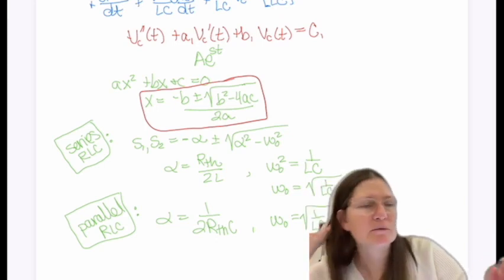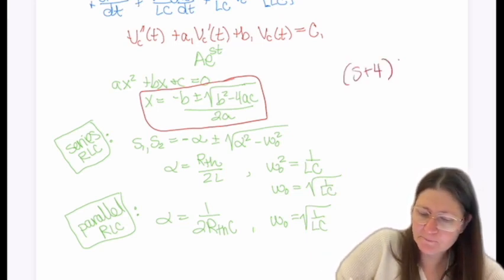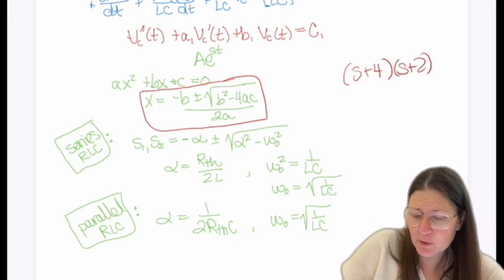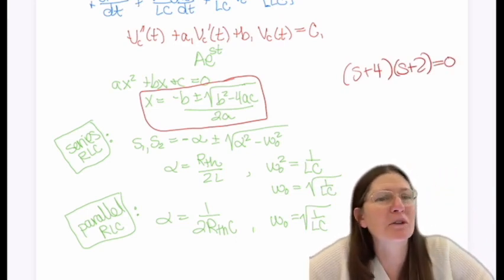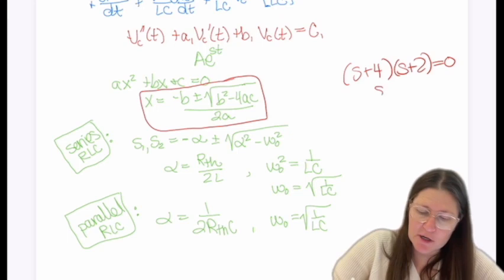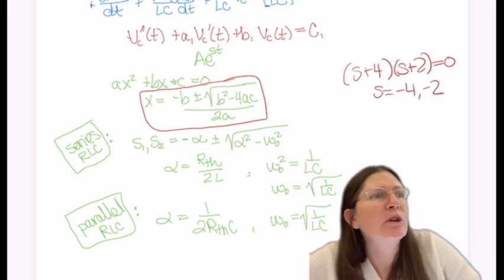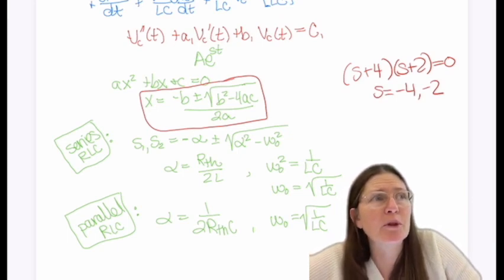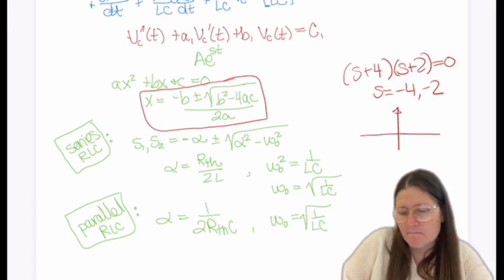And so let me give you an example. Like, say S plus 4, S plus 2 equals 0. So say we end up with, okay, this x, or S in this case, ends up being a minus 4 and a minus 2. Those are considered the roots of the system. When we plot this, we actually plot it in the imaginary domain.